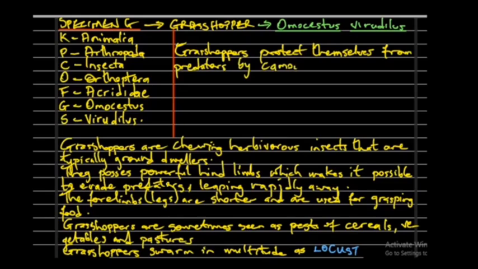They can conceal themselves in the environment where they are found. It has incomplete metamorphosis. We have it from egg to nymph and then to adult. That is how its metamorphosis is.